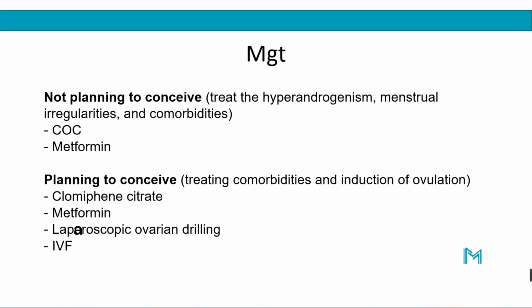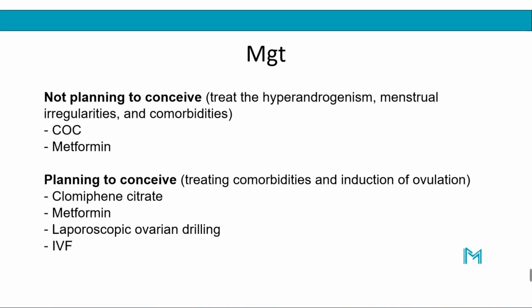How do you manage a patient with PCOS? The general principle for patients with PCOS is to start with lifestyle modification. We are talking about dietary modification and exercise to lose weight. We mentioned that there is an increased risk of developing metabolic syndrome, and obesity is one of those features.